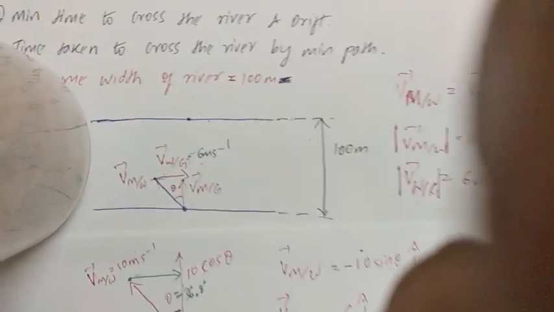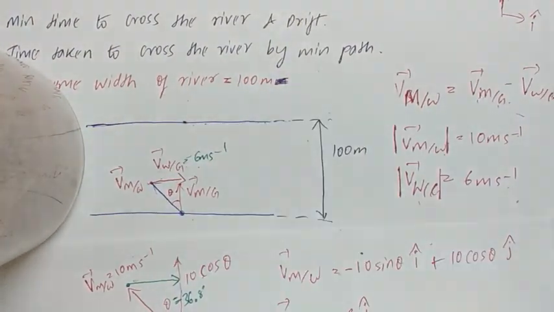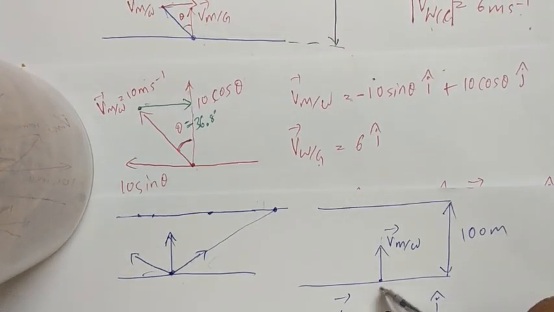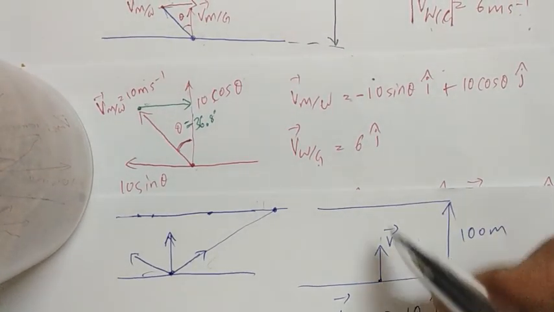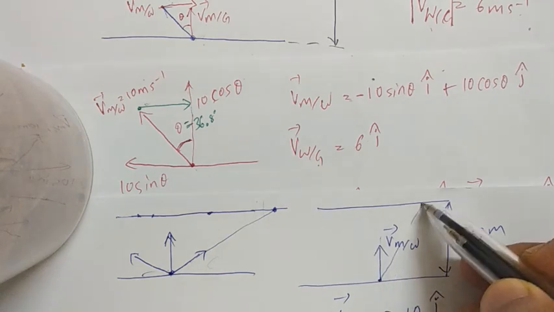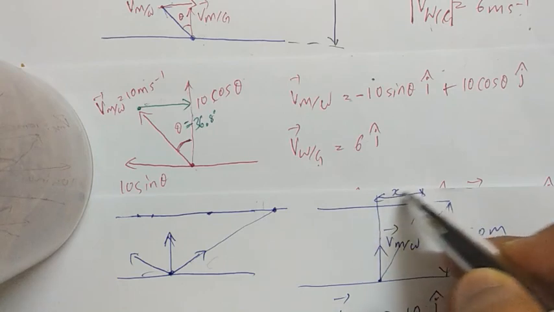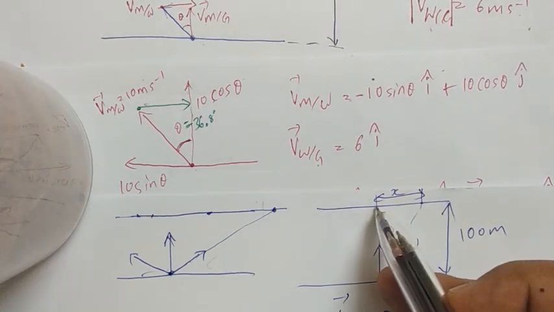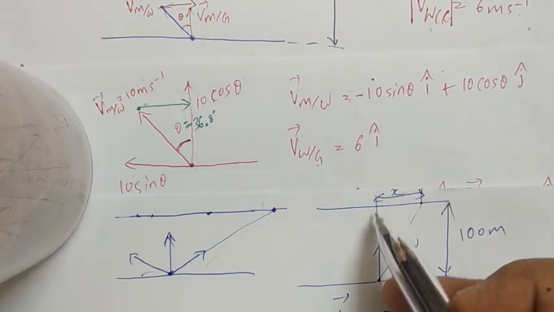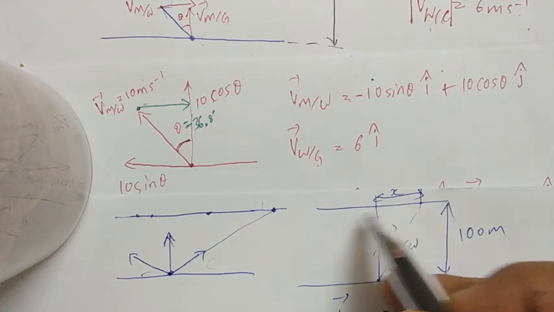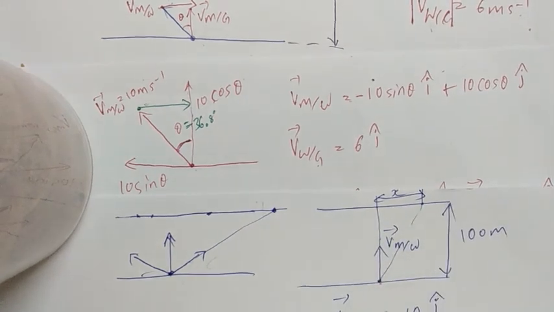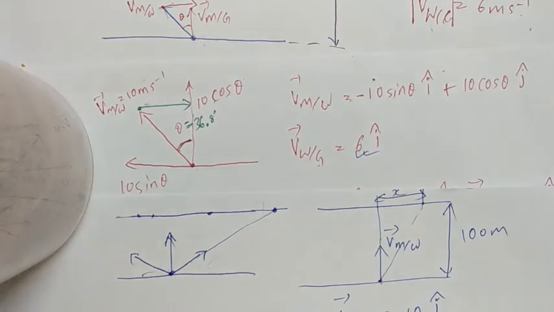The other question that is being asked is the drift. Now what is the drift? In this case, if he starts in this direction, the water would drift the man to some distance, that is this x. We have to determine this distance x, and he would drift to this point with the velocity of water, that is 6 meter per second.